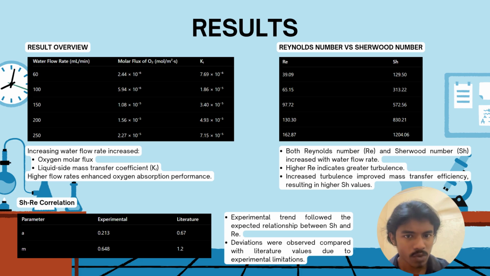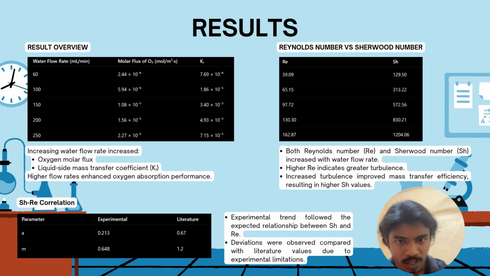Correspondingly, the Sherwood number increased from 129.50 to 1204.06. This relationship suggests that greater turbulence improves mass transfer efficiency, leading to better oxygen transfer between phases.